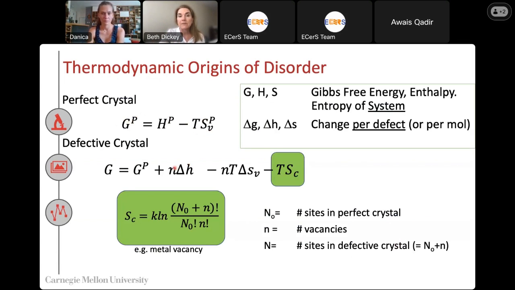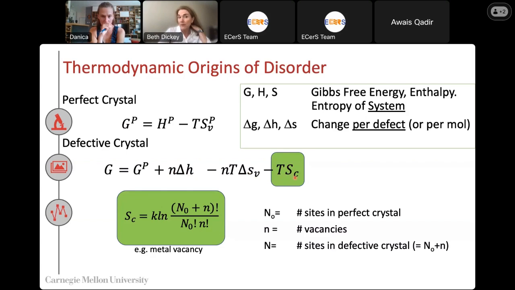In a defective crystal, you have to consider it relative to the perfect crystal, where the number of defects, given here by N, have a certain enthalpy penalty associated with them. You may also have changes in the vibrational or electronic entropy associated with each defect. And then there's the configurational entropy term.